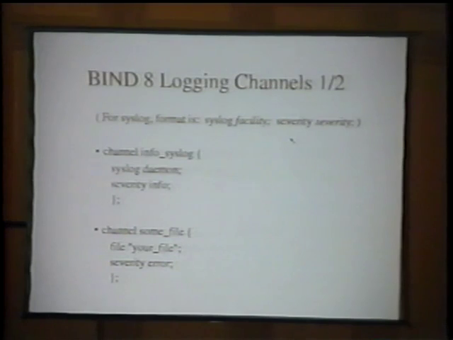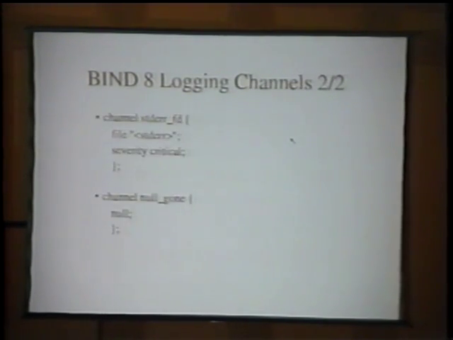Daemon.info seems like a pretty good one to start with. You can spit out logs to a file. You can spit out logs to console, to standard error. And you can also just spit out your logs to the bit bucket, and trust me, there's a bunch of BIND channels that you just want to go to the bit bucket because it's a bunch of stuff that, unless you've read some of the BIND source code, doesn't make a whole lot of sense.